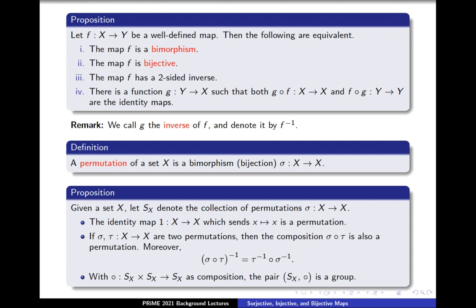Moreover, we have the following formula for the inverse of the composition. So if we take sigma composed with tau and take the inverse of this composition, that's equal to tau inverse composed with sigma inverse. With composition from a pair of permutations to a permutation, this pair of S sub X with composition forms a group.